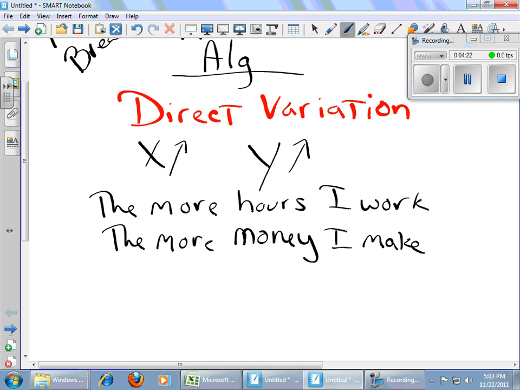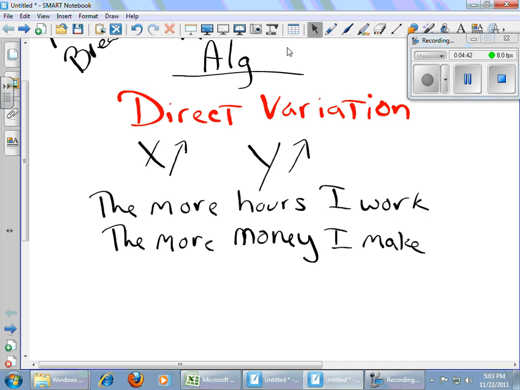In other words, if you had a job making $10 an hour, if you worked 1 hour, you get $10. If you work 2 hours, you'd get $20, 3 hours, $30, etc., etc., etc. That is direct variation. We say that x and y vary directly because they're both increasing.